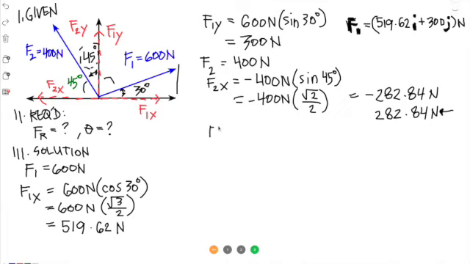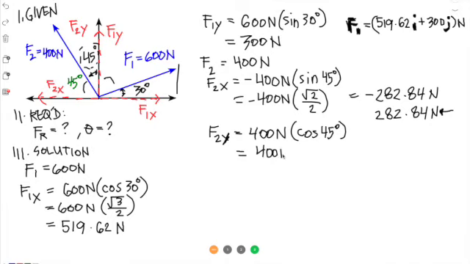So for F2y, that would be positive, so that's 400 newtons. This time it's cosine 45, which is the same thing, just positive.